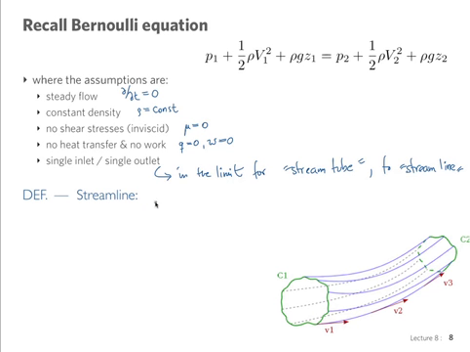A streamline, the definition of a streamline, is a curve that is always tangent to the velocity vector.